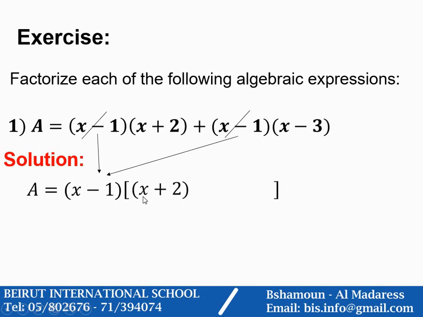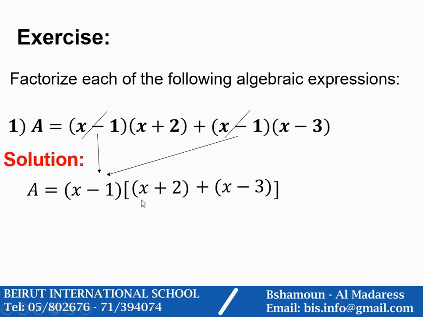So you write inside x plus 2. The second term, what does it remain? It remains x minus 3, so you write plus x minus 3. So this is the first step of factorization.